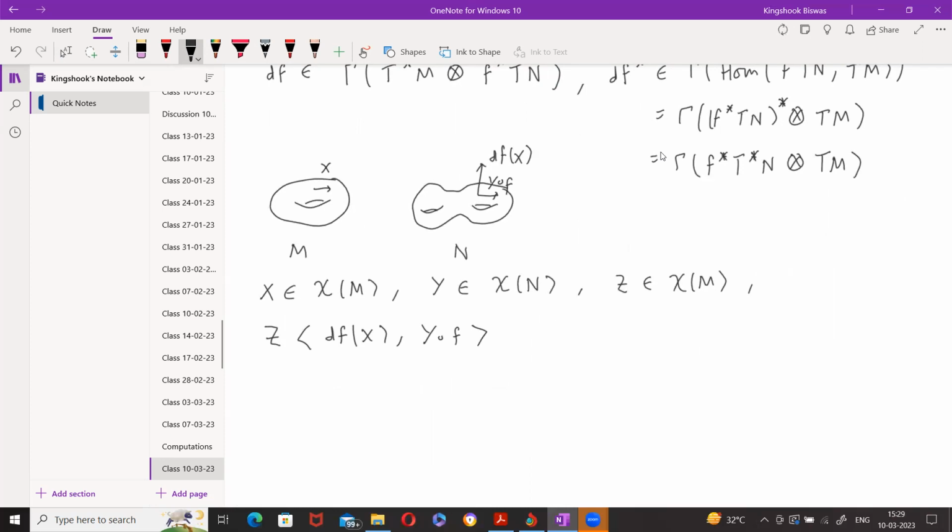This inner product is a function on M. So Z acts on this function. Is this clear?